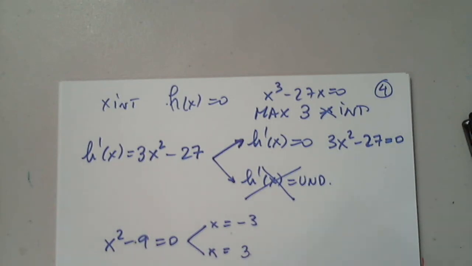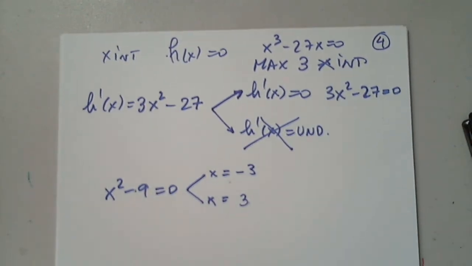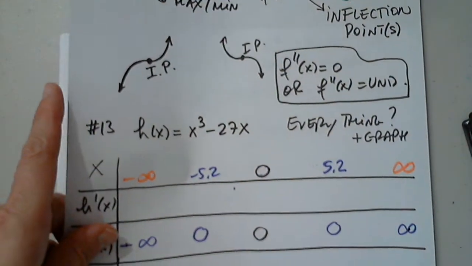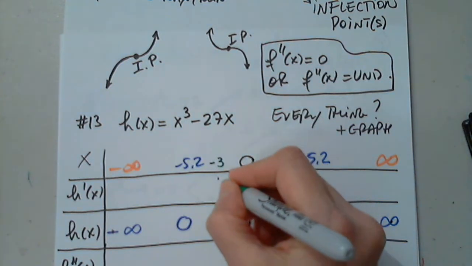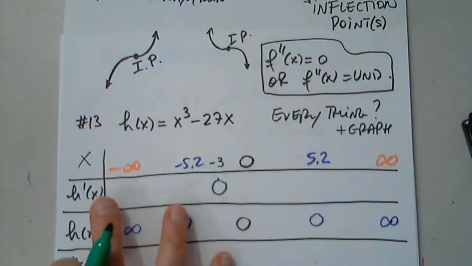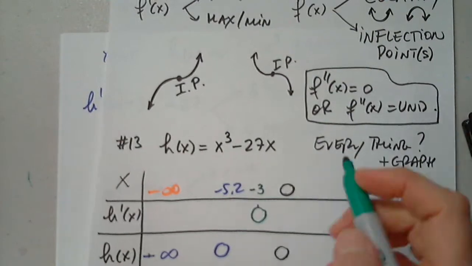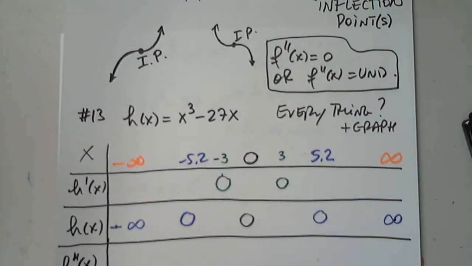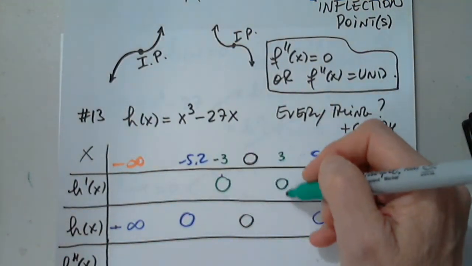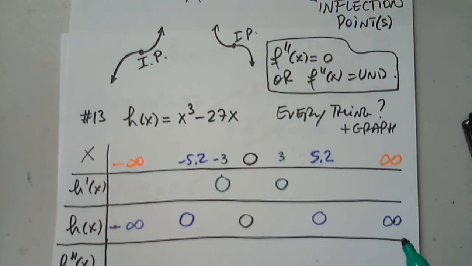That's okay. Anytime. Okay. So now we have -3, 0, and 3. Nothing undefined. I cannot put a bar like I just did on that problem.